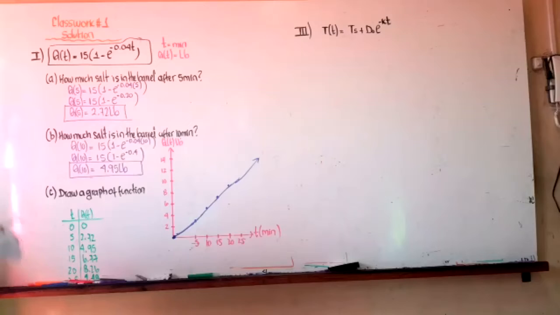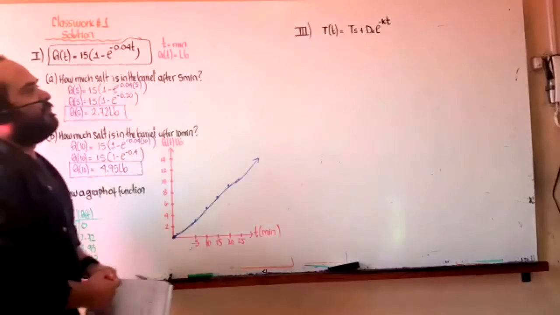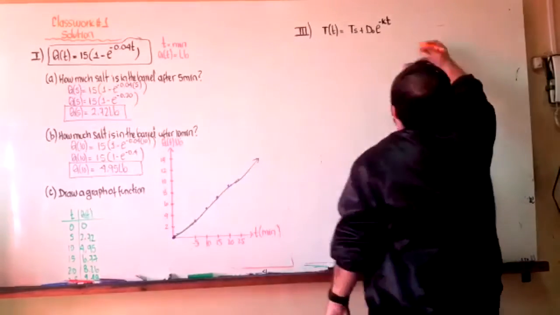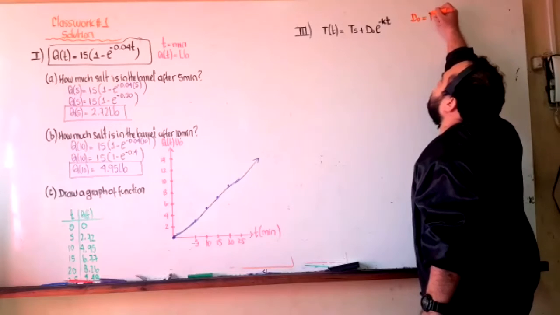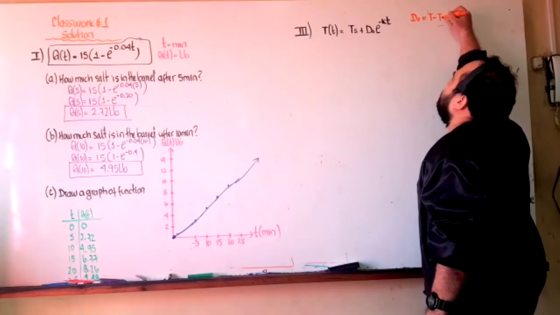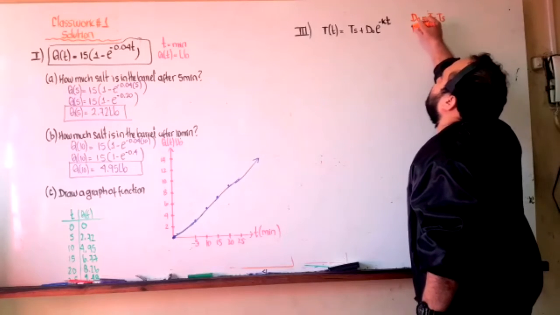So let's read the problem. The problem says a roasted turkey is taken from the oven when its temperature has reached about 185 degrees, and it's placed on the table in a room where the temperature is 75 degrees. Why is this information so useful? Because with this information we can determine D0. D0 is the original temperature minus the temperature of the surroundings.